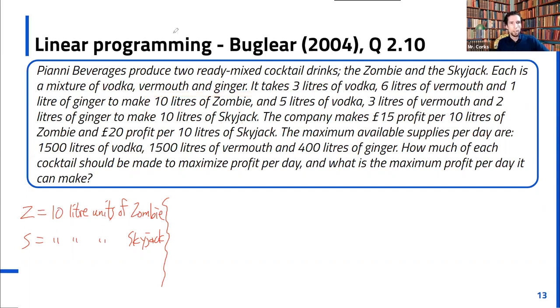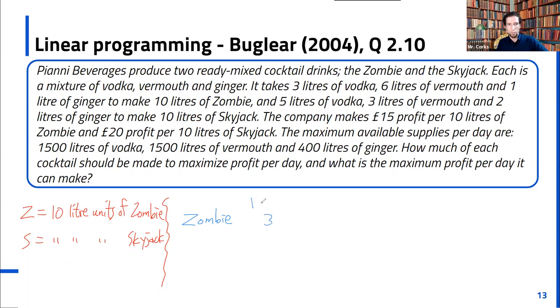All right, let's write this out. So first, the zombie drink. What is the recipe for this drink? 3 vodka, 6 vermouth, and 1 ginger.